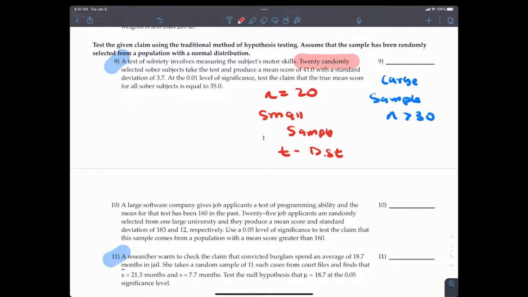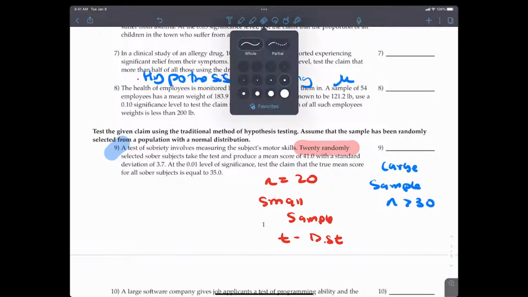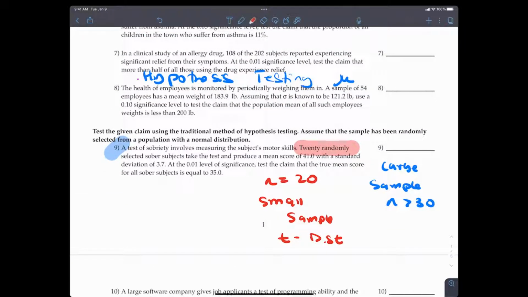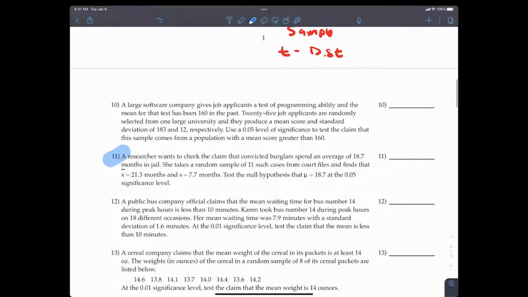Okay, so you're going to skip this because I want to do means here. Hypothesis testing for means for a large sample. So I'm going to say skip and wait for that video. Skip 9. So it looks like we will do 10. Hopefully 10 is a large sample. So we will do number 10.